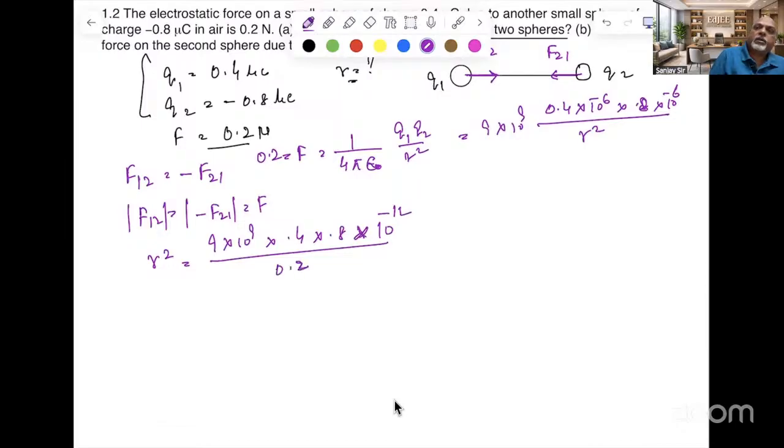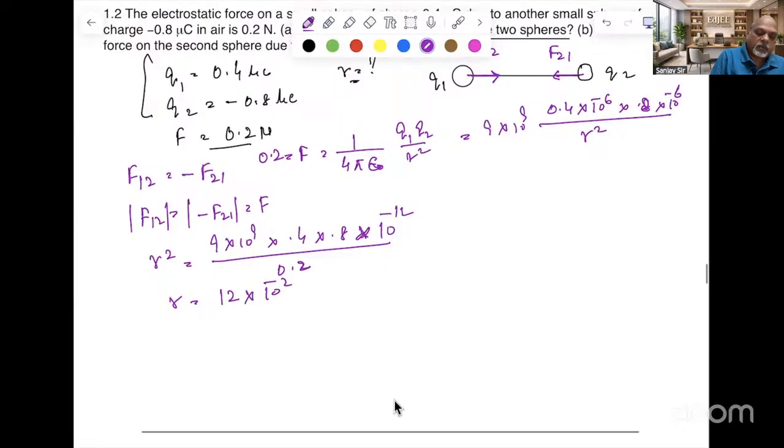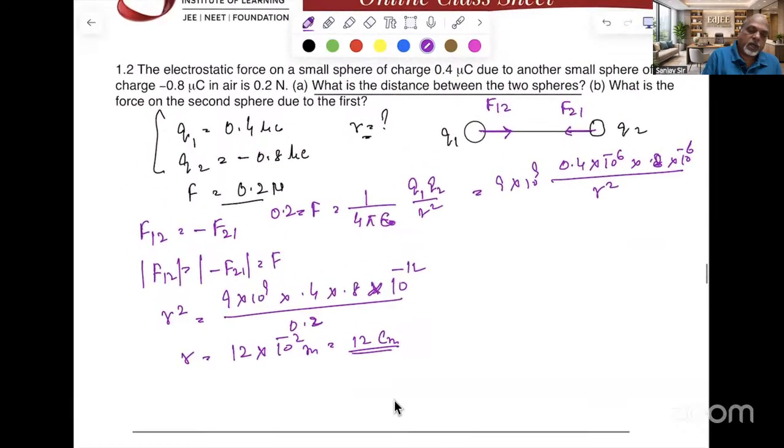If you calculate, R will come as 12 into 10 raised to -2 meter. That is, these spheres are placed 12 centimeter apart. Correct? Now, first part is okay.